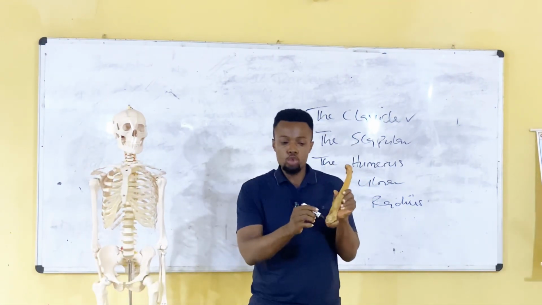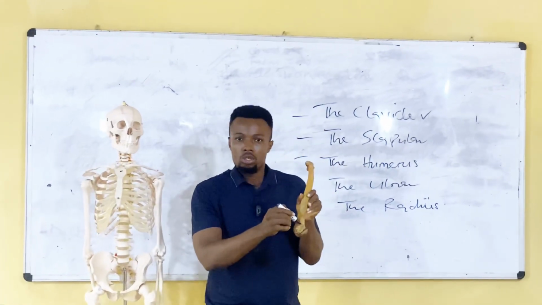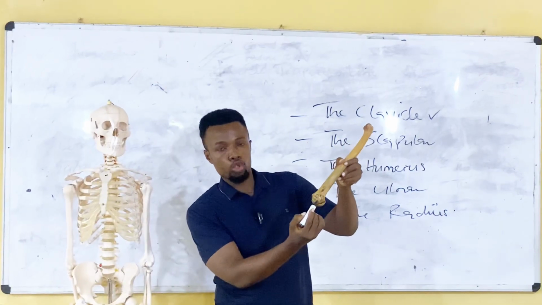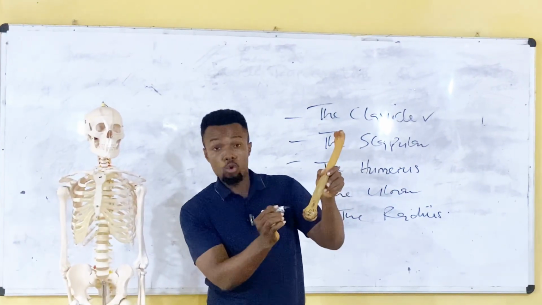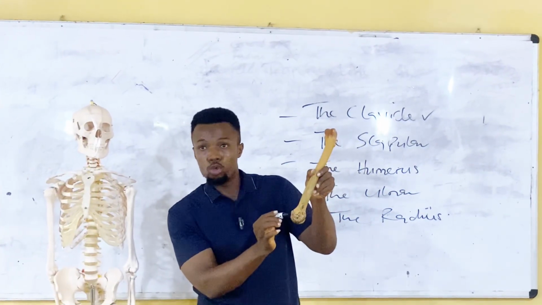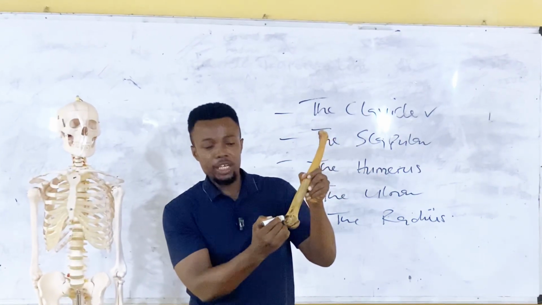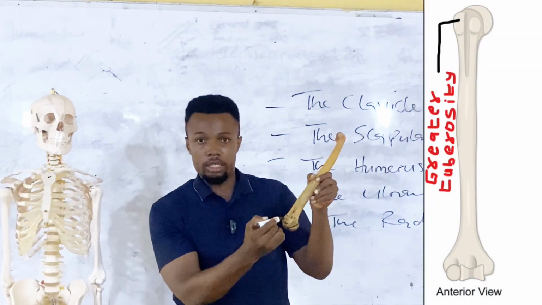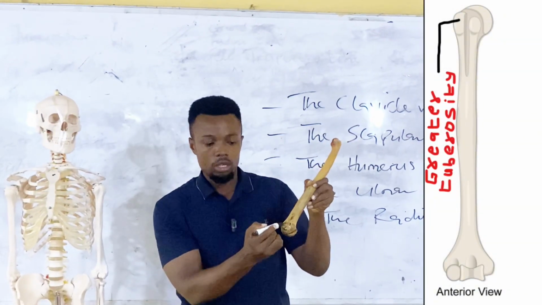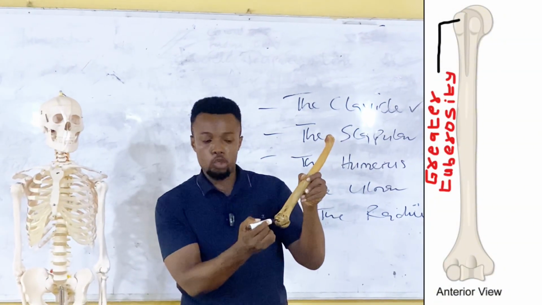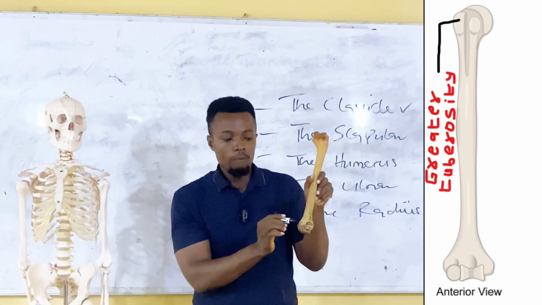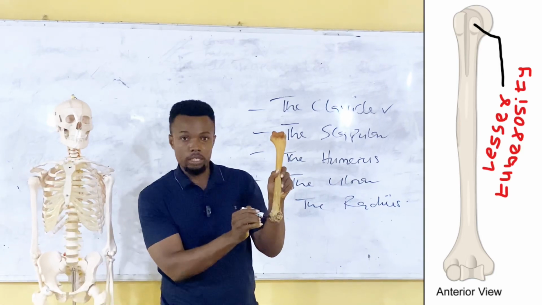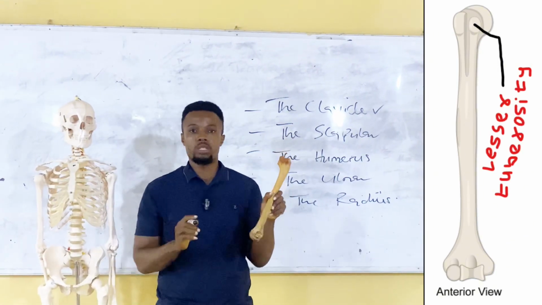Then there is a protrusion here. You can see this big protrusion towards the head, and the small protrusion here. The big protrusion is referred to as the greater tuberosity of the humerus, while this is referred to as the lesser tuberosity of the humerus.